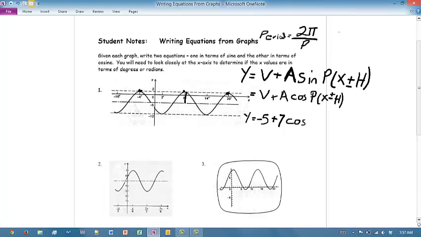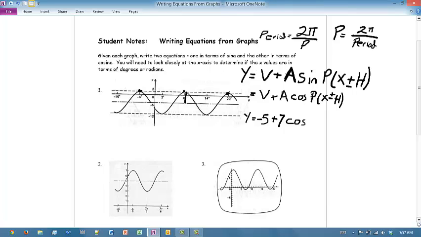If I want to find p and we're given our period, I'm going to multiply both sides by p and divide by period, so we get p is equal to 2 pi over our period. This is going to let us find out what p is.